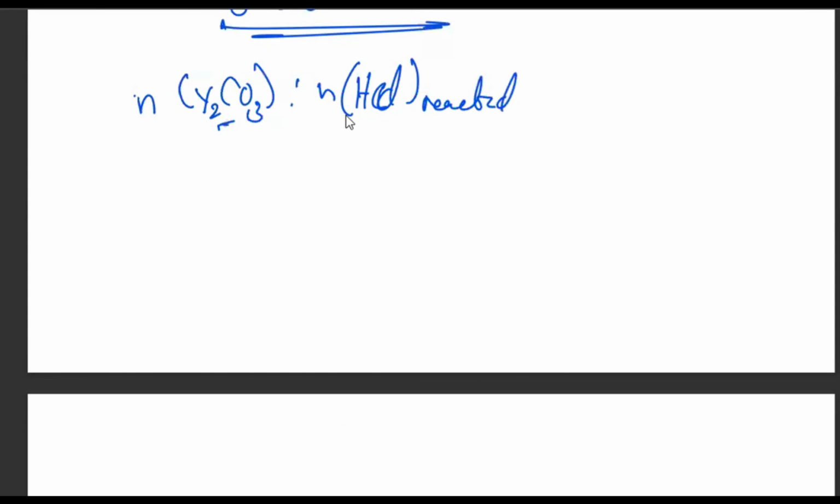So now we're going to say the number of moles of Y2 carbonate versus the number of moles of HCl, the number of moles that reacted with the Y2 carbonate, of which we don't know what this Y2 carbonate is.